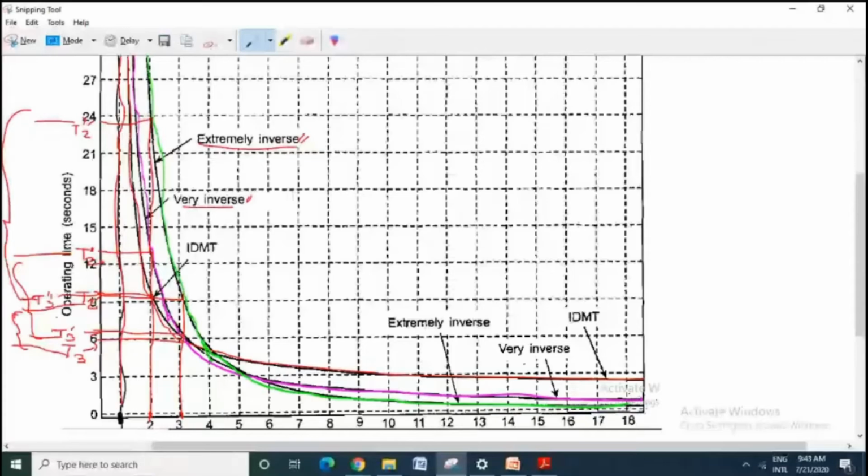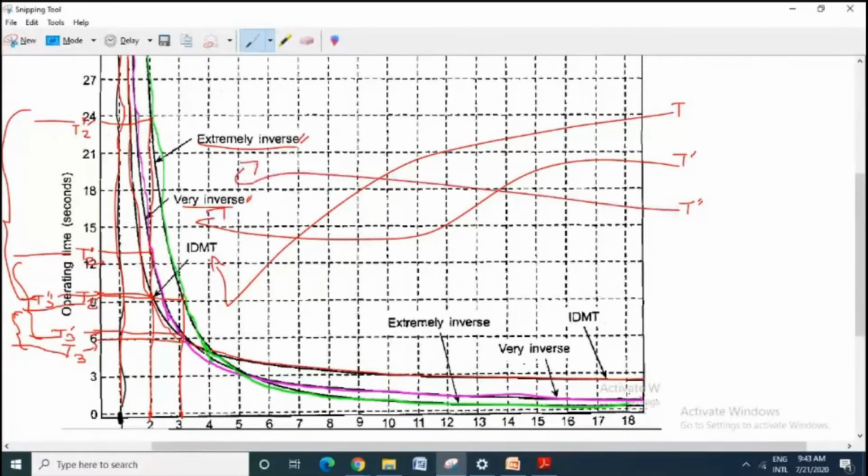And accordingly, we can say time t, time t dash, and time t double dash. So we are considering the values for the first one, that is for the IDMT, the second one, that is for the very inverse, and the third one, that is for the extremely inverse.